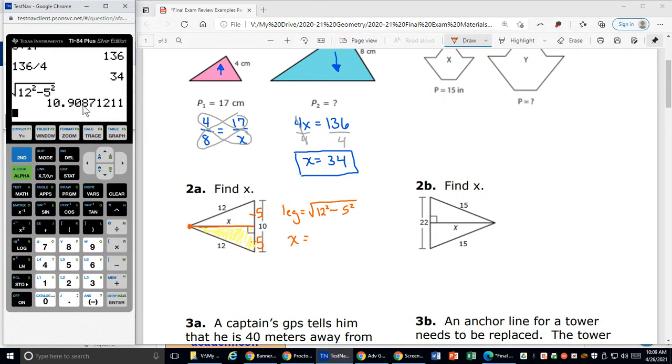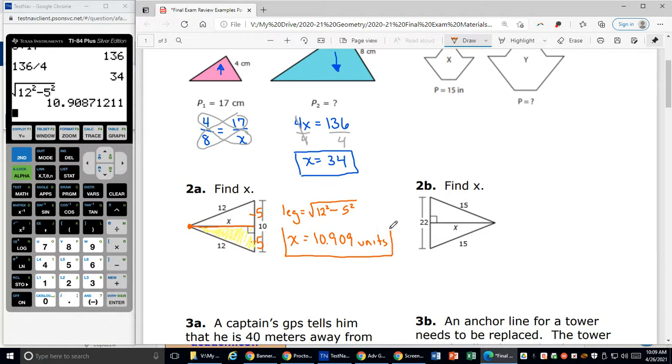So 10.909 units is my value for x on 2A.